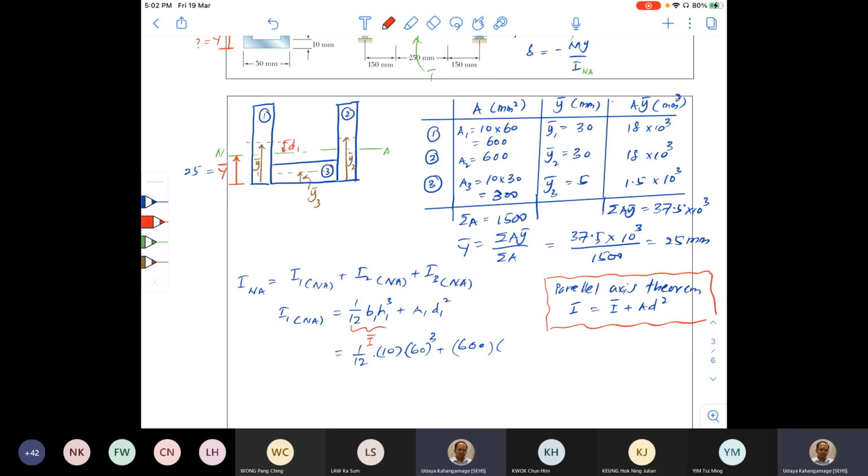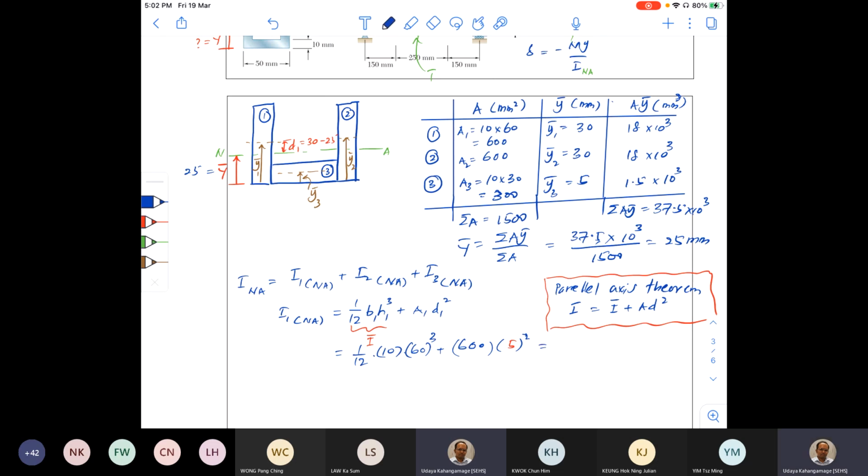So what is the distance? 30 minus 25, right? 5 millimeters squared of that. How do you get this D1? This is equal to 30, that is half the height of that section, minus Y bar 25. Okay, right.